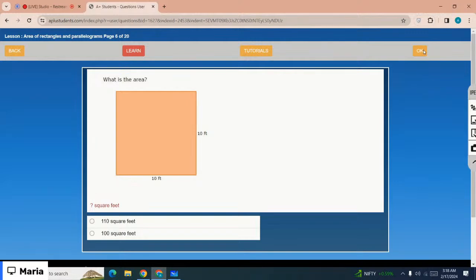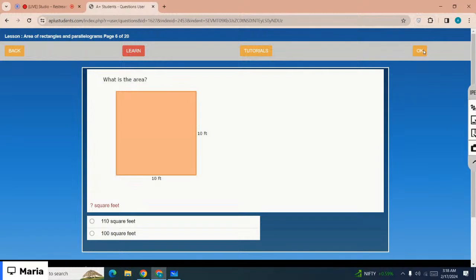Okay, what is the area, which is the correct option?